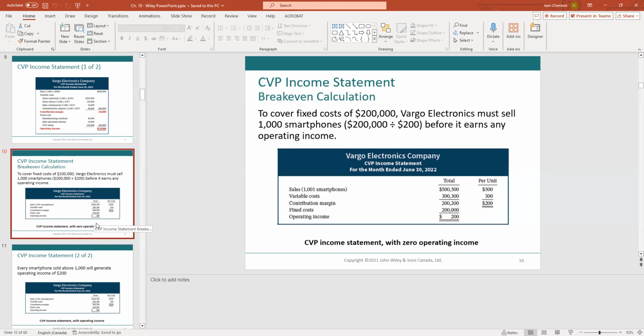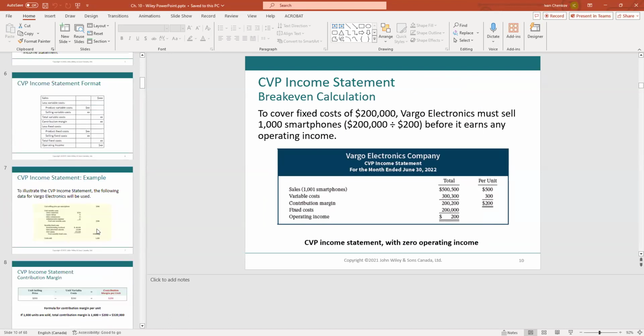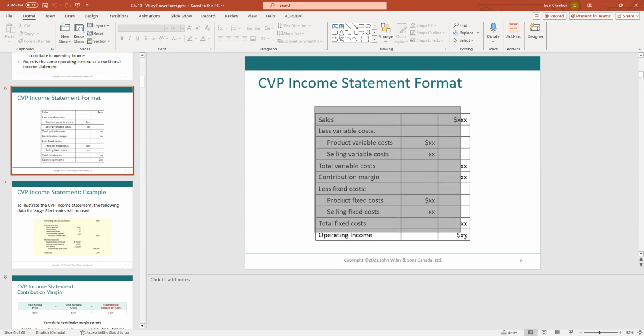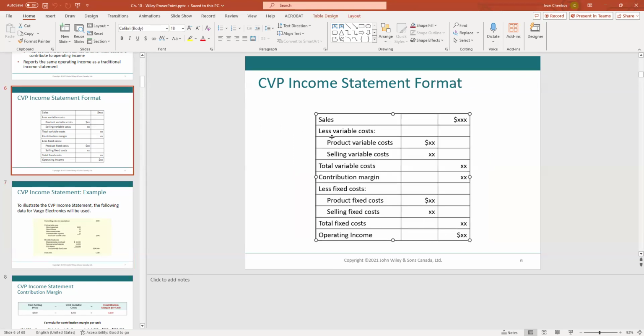Well, the break-even will be, let me see if I can flip this calculation. Just give me a second. No, it's not going to work like this. Or maybe it will. Just give me a second. See if I can flip this information on the Excel.